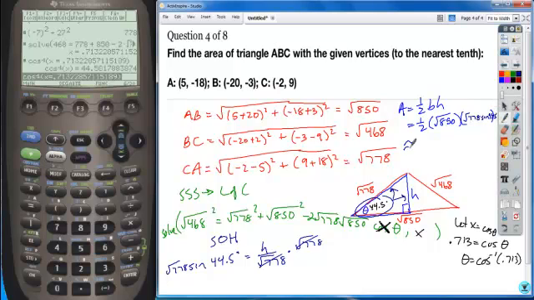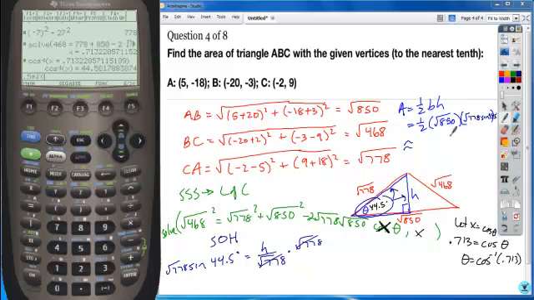And I get my final calculation, 0.5 times the square root of 850 times the square root of 778 times the sine of 44.5.